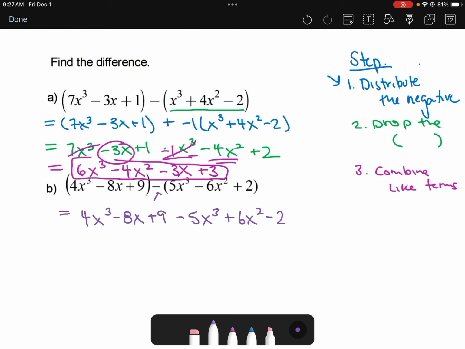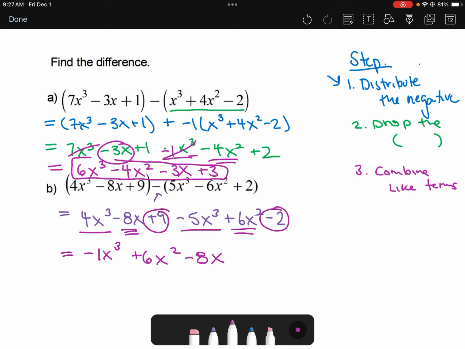Now we're going to combine those like terms. I have 4x cubed minus 5x cubed. That gives me a negative 1x cubed, or you could just write negative x cubed. It is all the same. Only 1x squared. Only 1x. This is really nice math. And then plus 9 minus 2, which gives me a positive 7.